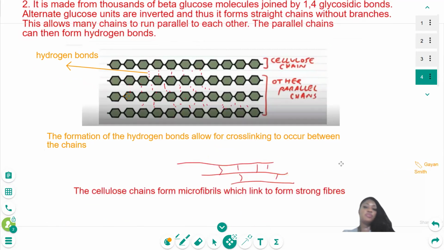So this is a simpler version of showing how the chains of the cellulose are linked together. So literally the lines represent the chains and these are just showing the links between them.